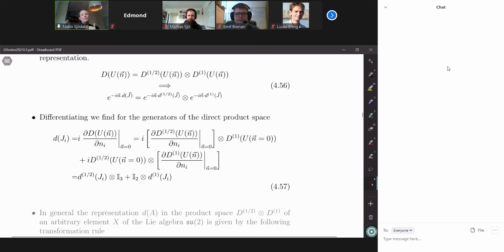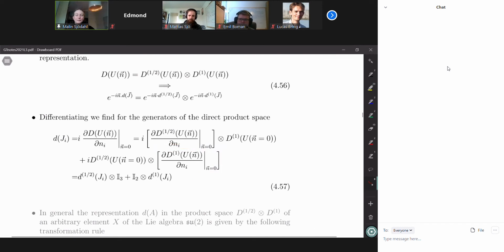So we expand around the identity element to find the algebra. So here we acted with the derivative on this first term. There is also another term where we evaluate this at identity, and we let the derivative act on this space here.